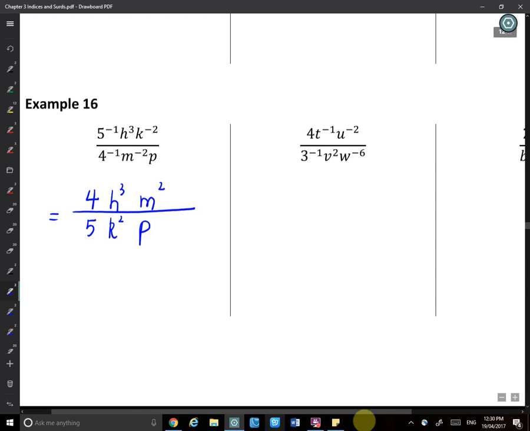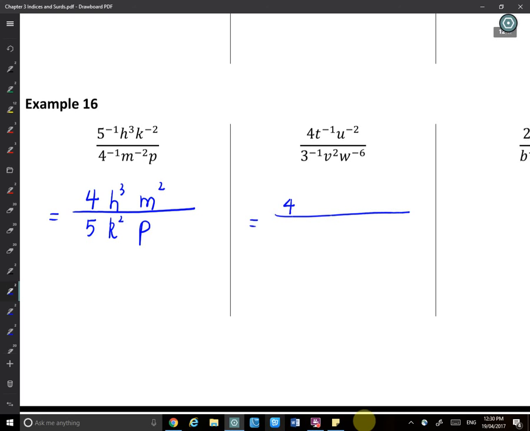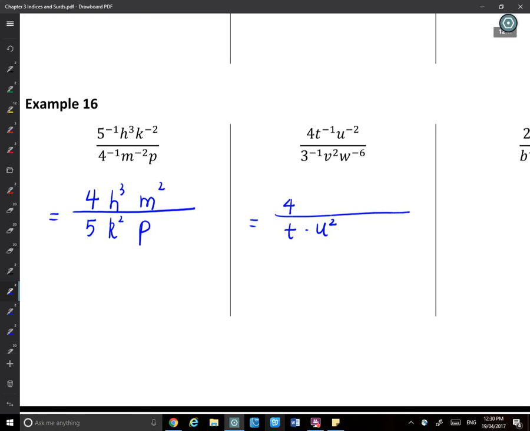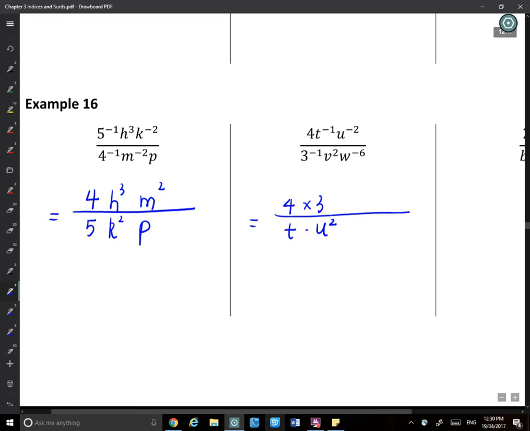If I do another example for you, I have a fraction. For this 4, the 4 should be here. T to the power of negative 1, which is not good, needs to go down. U to the power of negative 2, which is not good, goes down and becomes U to the power of 2. 3 to the power of negative 1, not good, needs to change place to the top. V to the power of 2 is good enough, stay there.